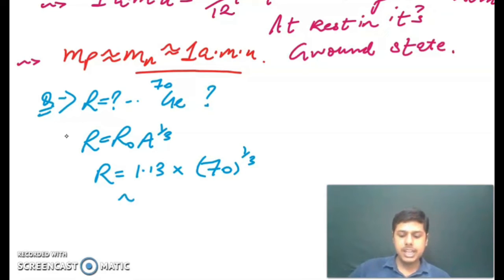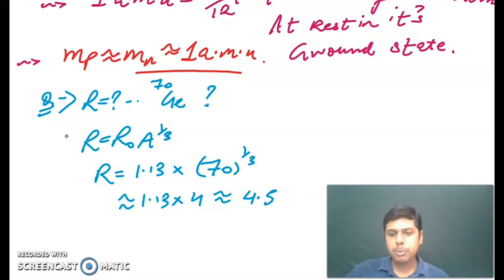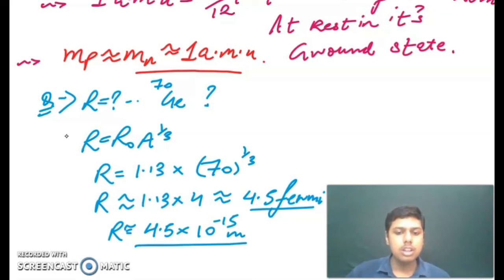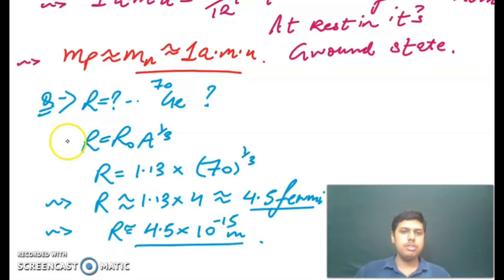Now this will nearly be equal to 1.13 into 4. That means the answer will nearly be equal to 4.5 Fermi, or we can write that the answer is near about equal to 4.5 into 10 raised to the power minus 15 meters. This is the answer in meters as well as in Fermi, right?